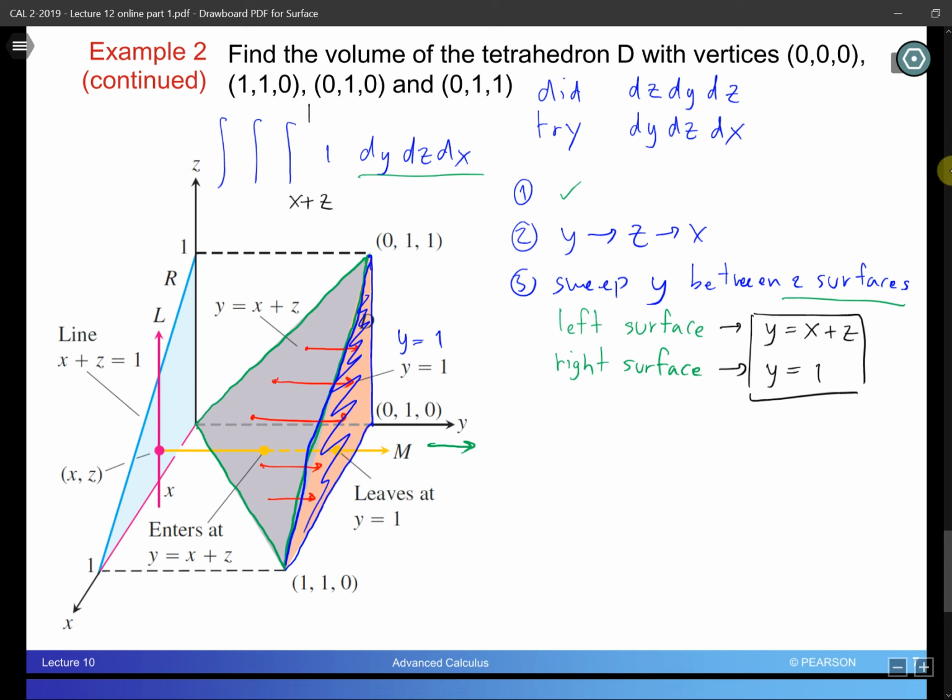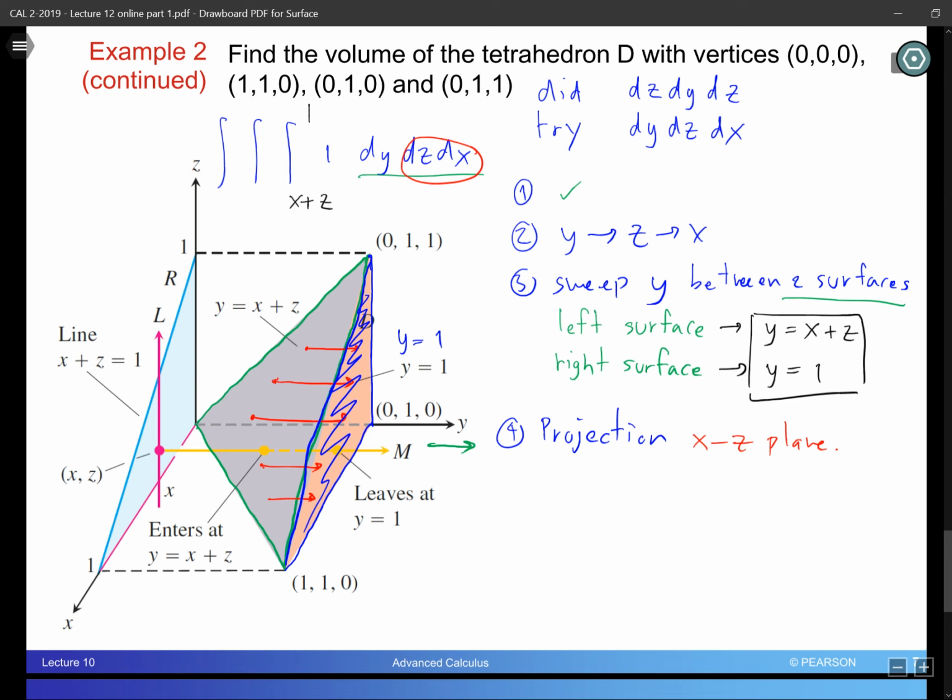Now find the projection onto the next two variables. The next two variables are z and x, so we have to find the projection on the xz plane. Find the shadow of this object on the xz plane.